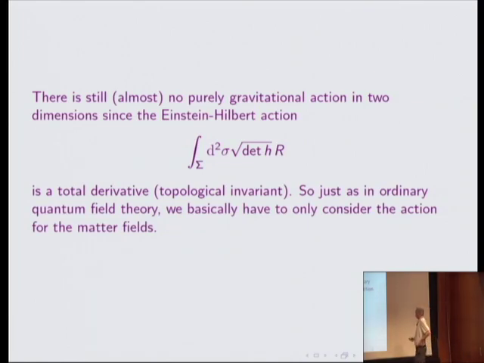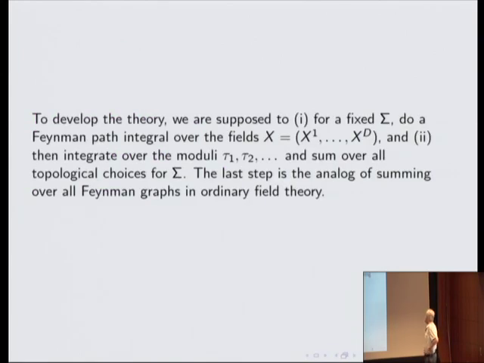So just as in ordinary quantum field theory without gravity, or just as in the first part of the talk when we did Feynman diagrams in terms of one-dimensional gravity, we basically have to only consider the action for the matter fields. So what are we supposed to do to develop the theory? We're supposed to, first, for a fixed string worldsheet, do a Feynman path integral over the fields that describe the motion of the string in space-time.